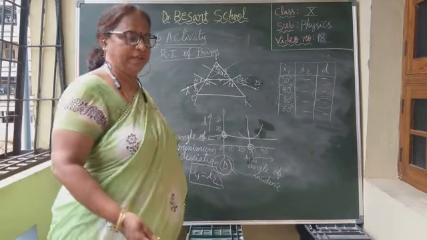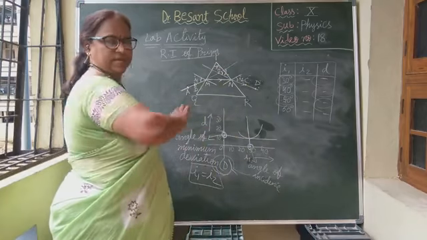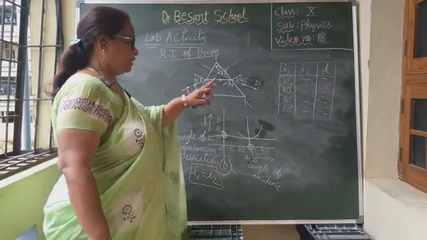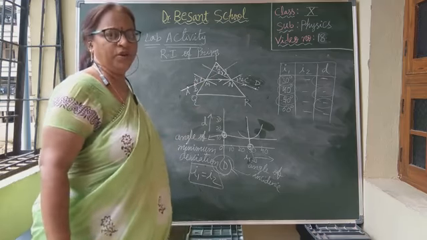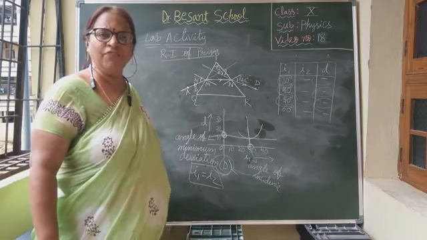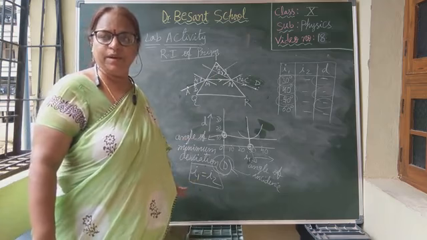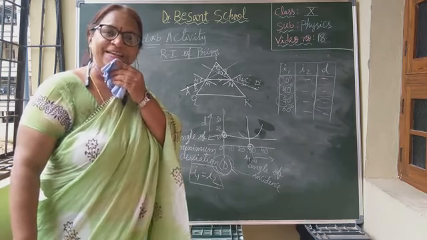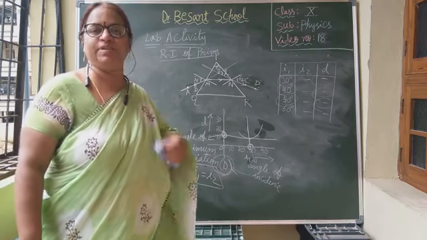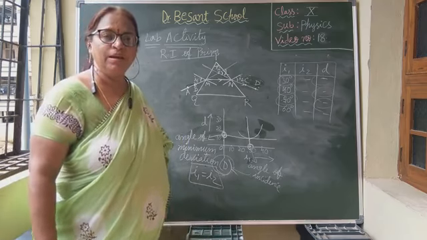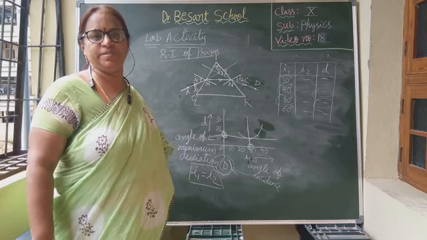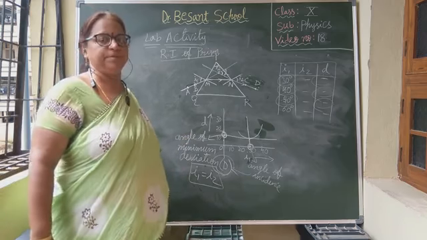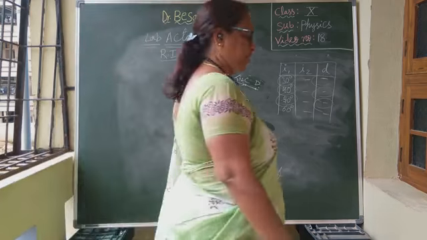But before going to the derivation, you should be thorough with this activity, the table, drawing the graph, and using the graph to find the angle of minimum deviation. By this angle of minimum deviation value only, we can do the derivation for finding the formula for refractive index of a glass prism. This is our lab activity. I hope I am clear, children.